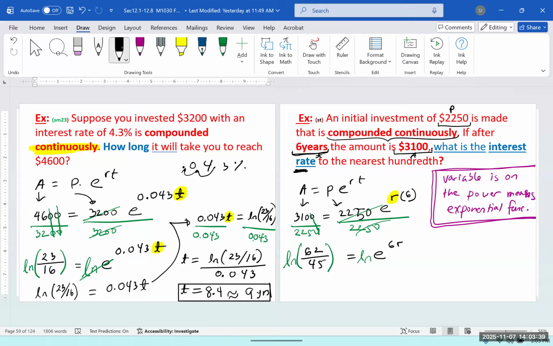What does ln do? Cancel the e. Oh wow, I wrote 2, it turned into a heart. Even the computer loves this question. 62 over 45, they cancel out, equals 6r. So the last step is divide by 6.